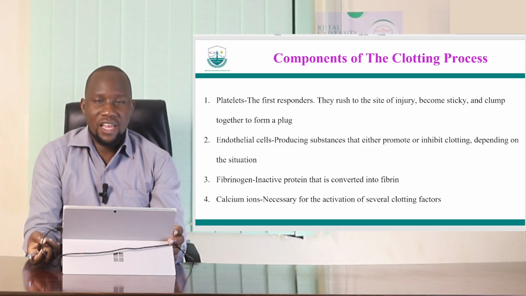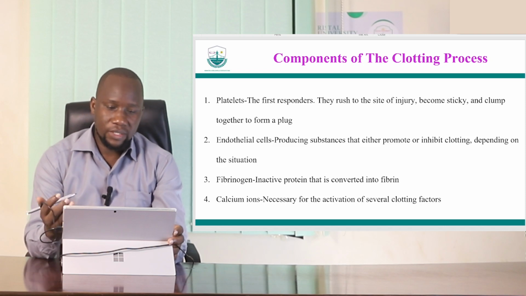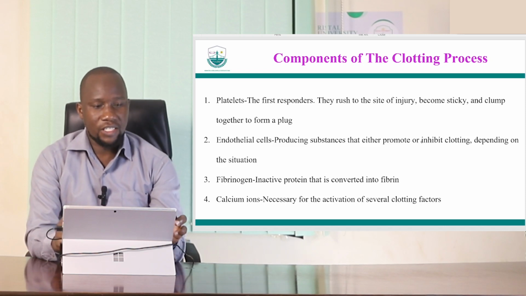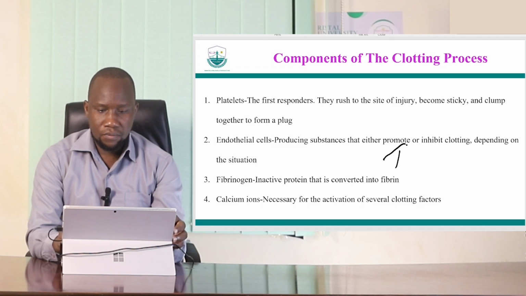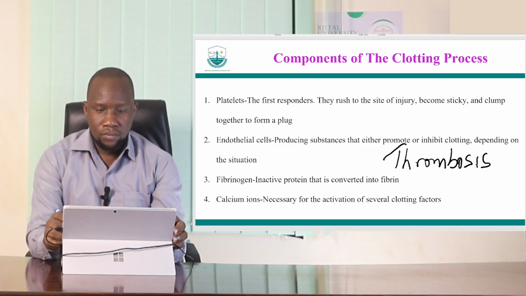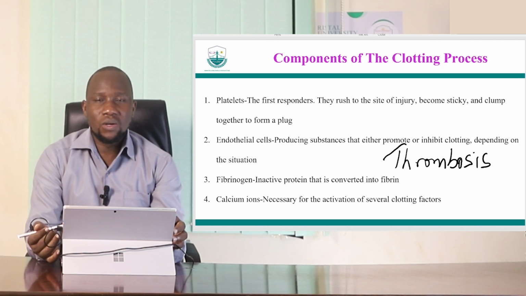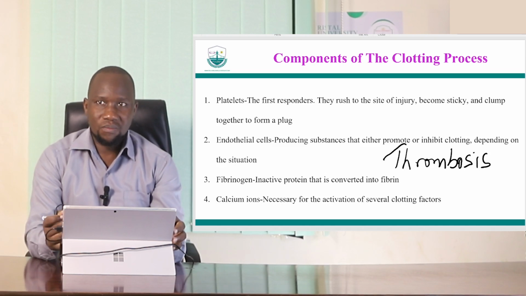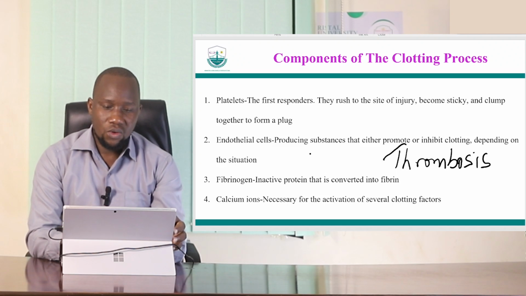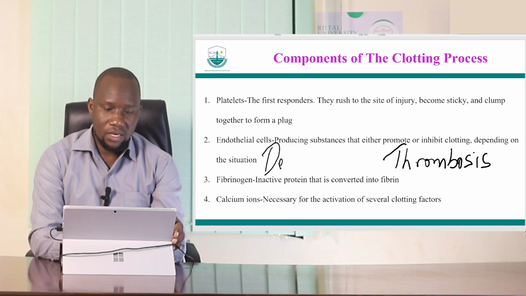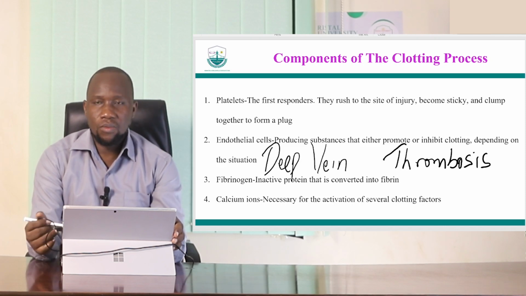If your blood clots anyhow, you will have what you call thrombosis. If I can write it here. A blood clot within the blood vessel. Okay, and a specific example is what we call deep vein thrombosis.